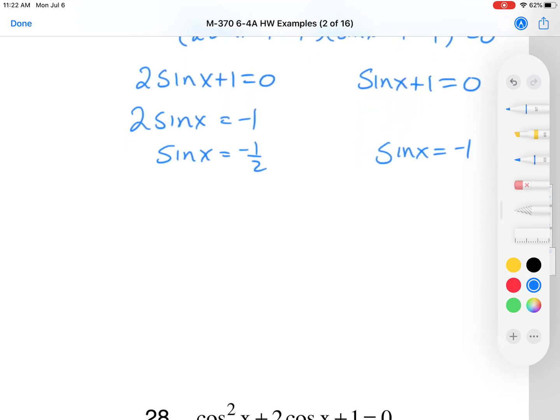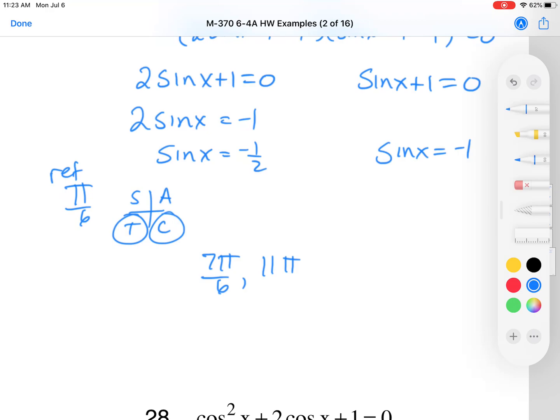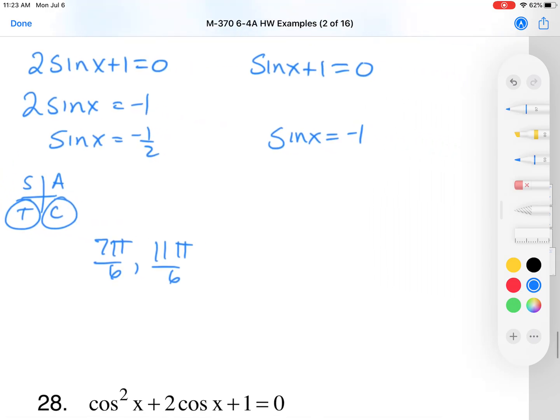We know that pi over 6 is the reference angle for a sine of negative 1/2 by our memorization. We also know that sine is negative in quadrants 3 and 4. So we need a pi over 6 reference angle in quadrant 3. No problem. That would be 7 pi over 6. And in quadrant 4, 11 pi over 6. Those are two of our answers.